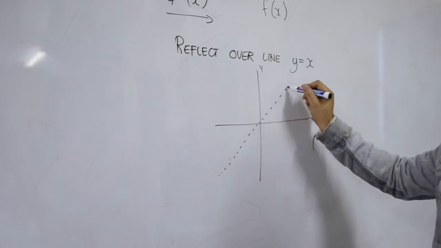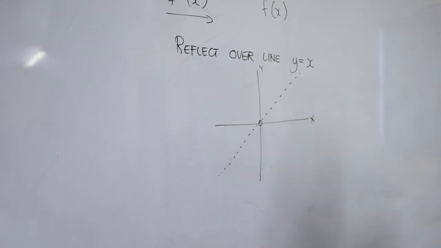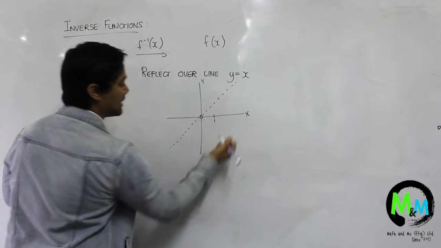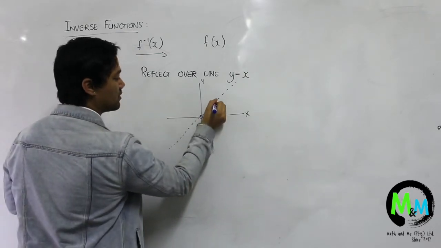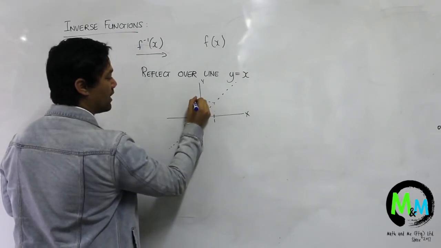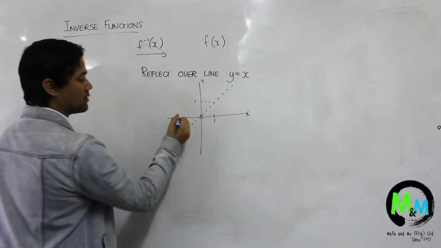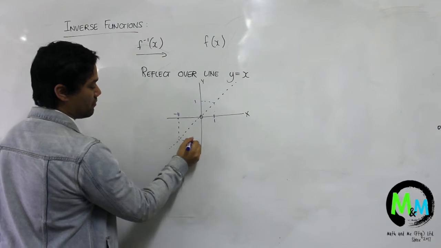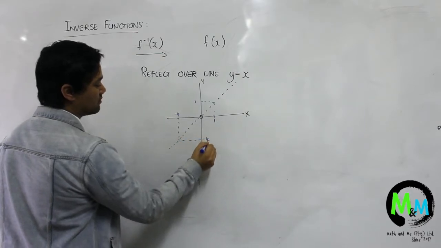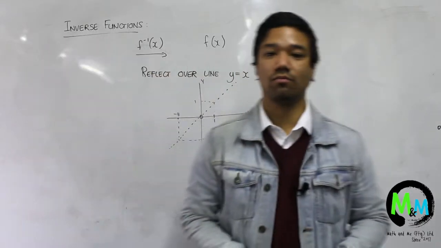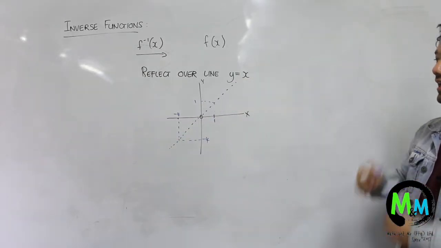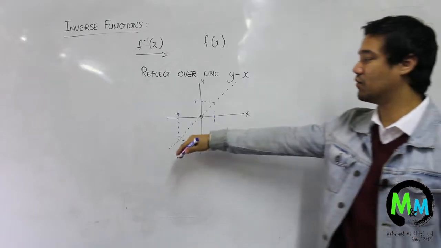It's a unit line through the origin, meaning that when my x-axis value is 1, the corresponding y value is 1 as well. If x is negative 4, my y is also negative 4. So we are reflecting our function over this line.